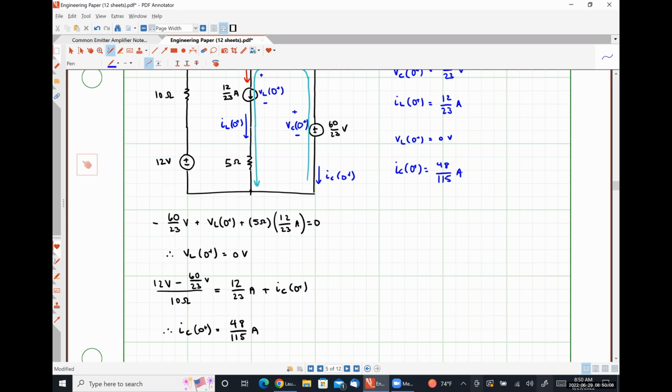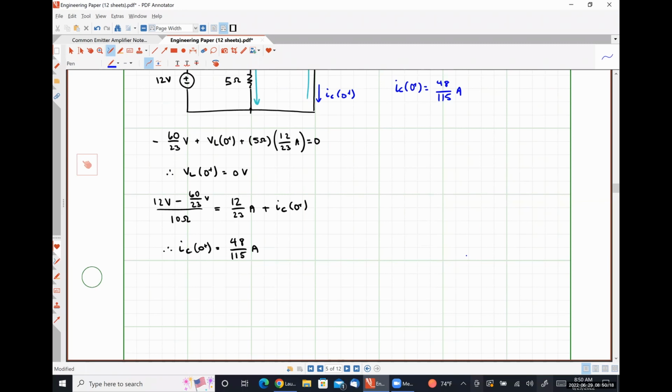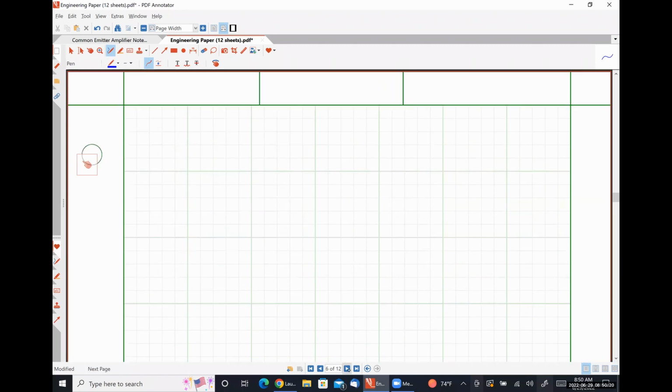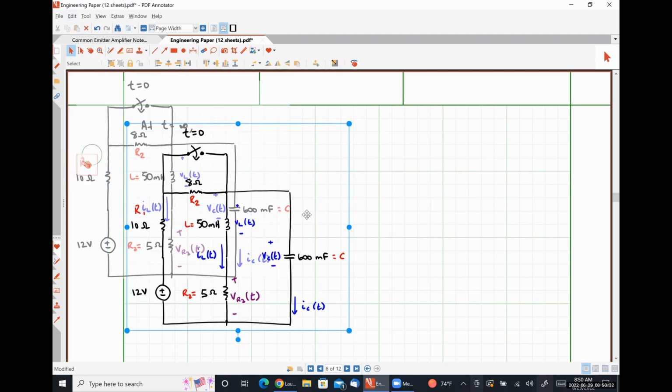Anybody have any problems with the circuit analysis that we did there? All right. So now we're going to need to analyze our circuit at t is equal to infinity. Paste this guy here.